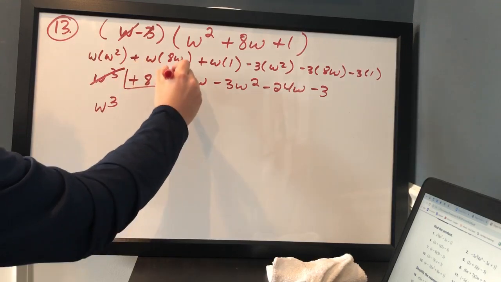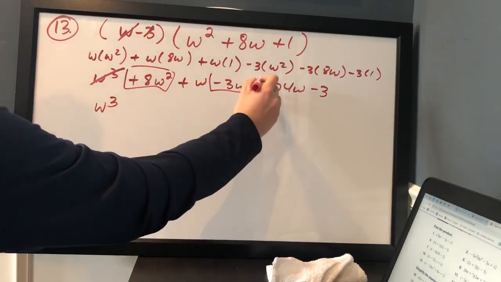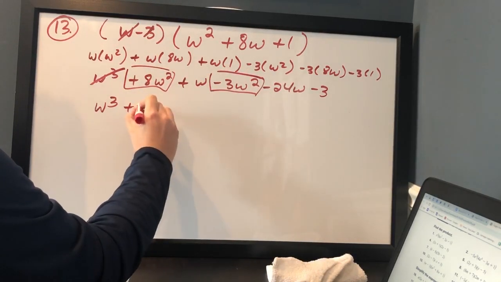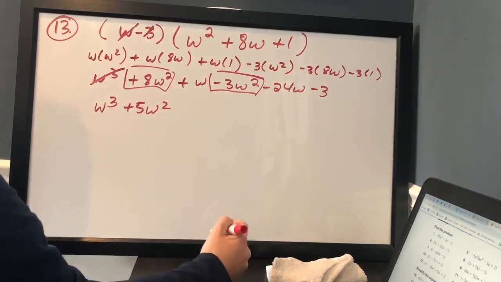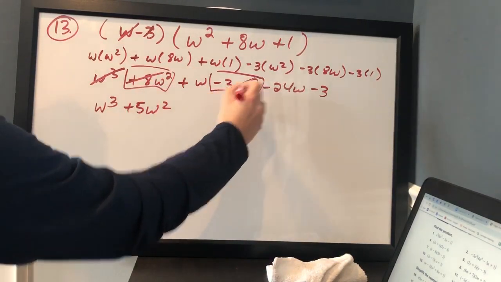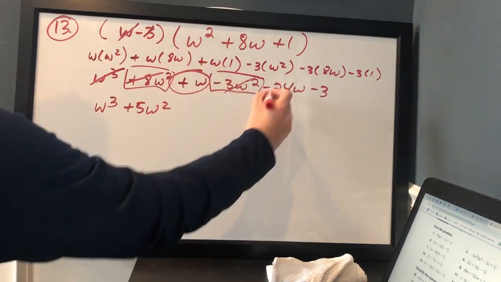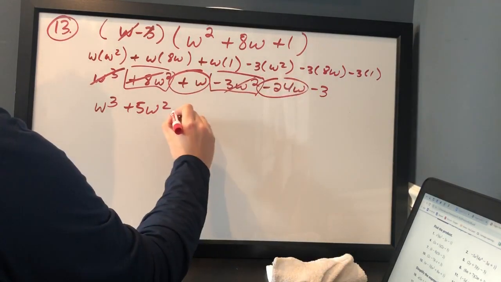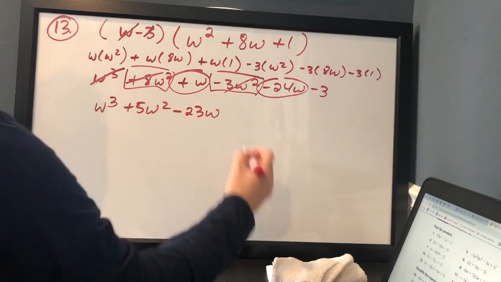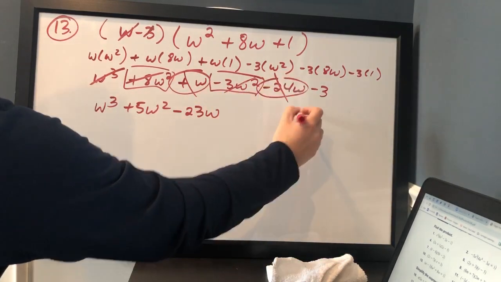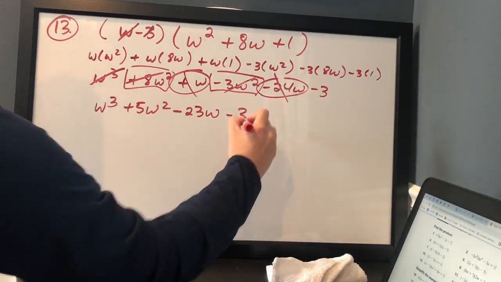So we have 8W squared minus 3W squared, and that gives us plus 5W squared. Cross them out. Next is just W's, and we've got 1W minus 24W's, which would give us negative 23W's. Gone, gone, and all we're left with is minus 3.